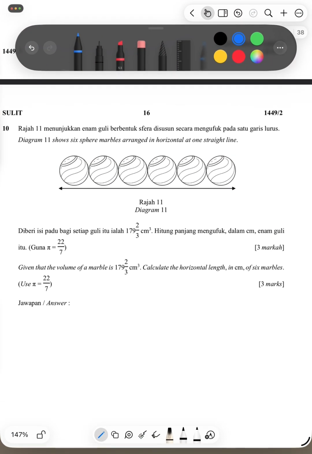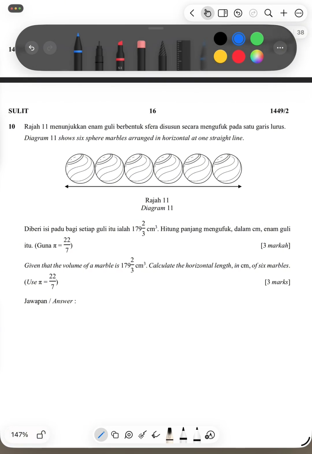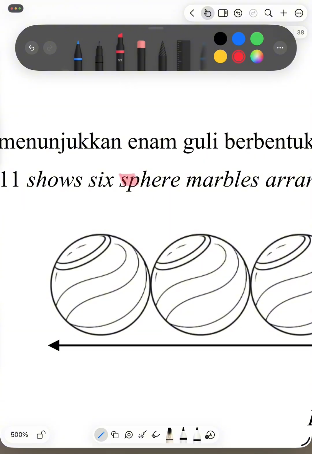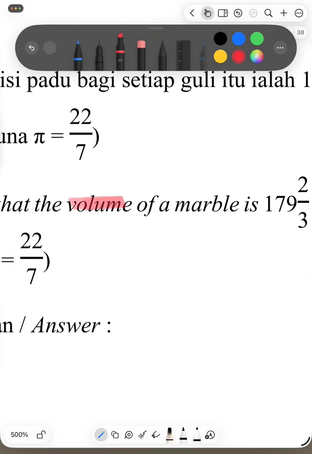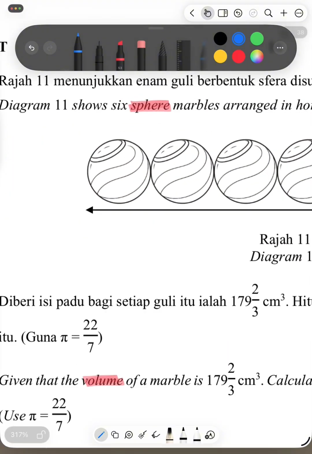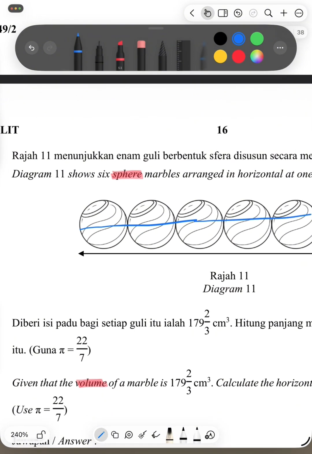Okay, now, given that the volume of a marble is 1792 over 3 cm cubed, calculate the horizontal length in cm of 6 marbles. Okay, they mention that it's a sphere, and they give you the volume. So what we have to do is to find an equation to get the length of the marbles.